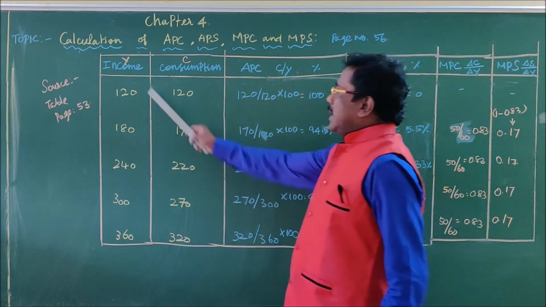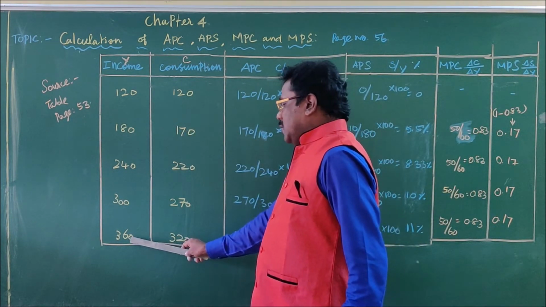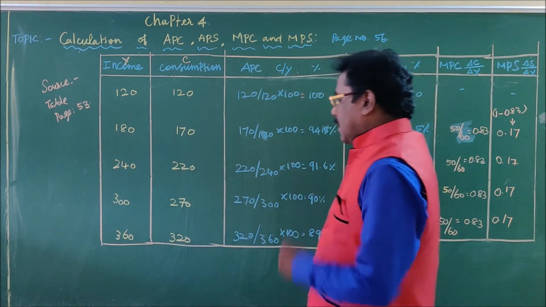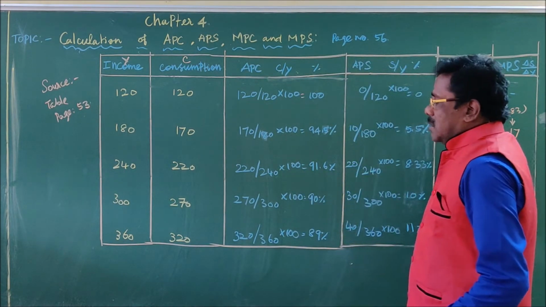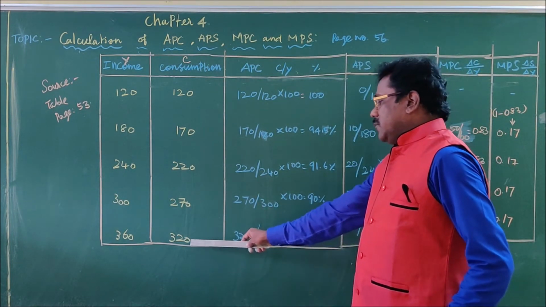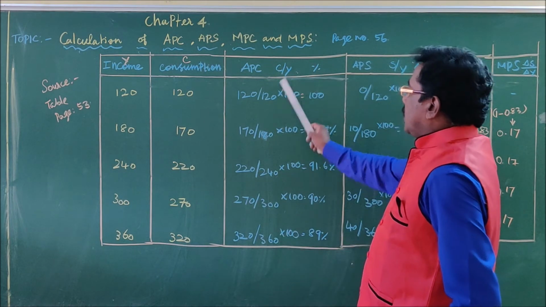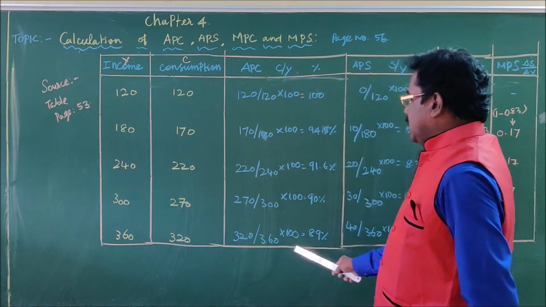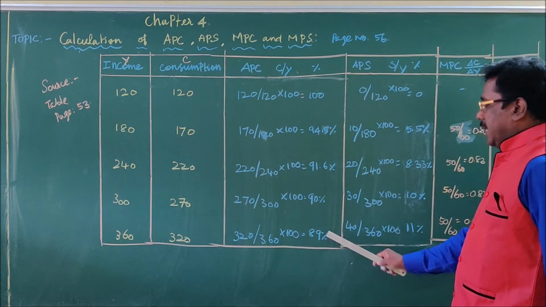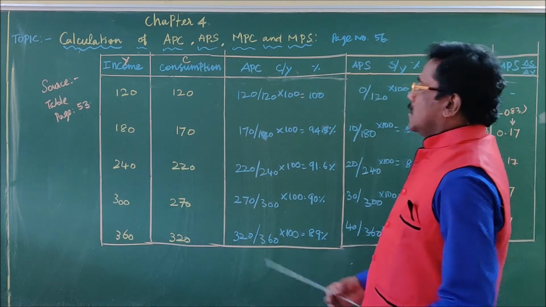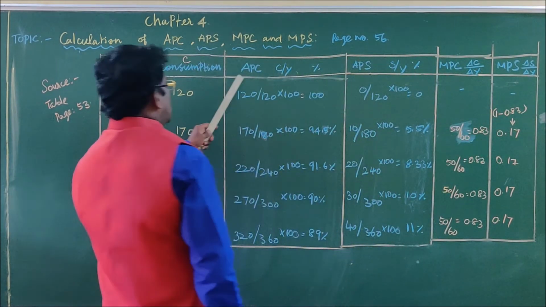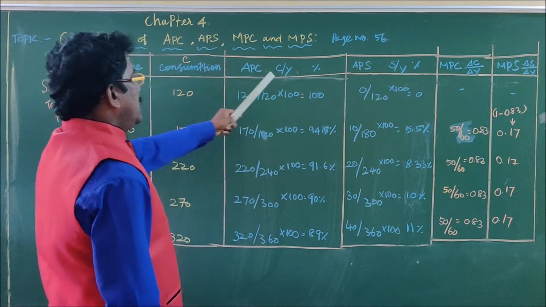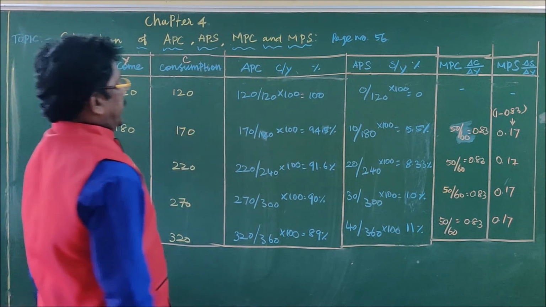Then the last, the level of income increased to 360 rupees and the consumption also increased to 320 rupees. So the formula is C by Y, 320 divided by 360 into 100, which is 89 percent. So APC is consumption divided by income into 100.